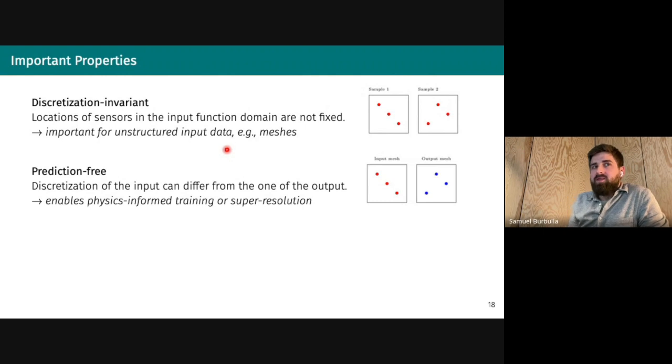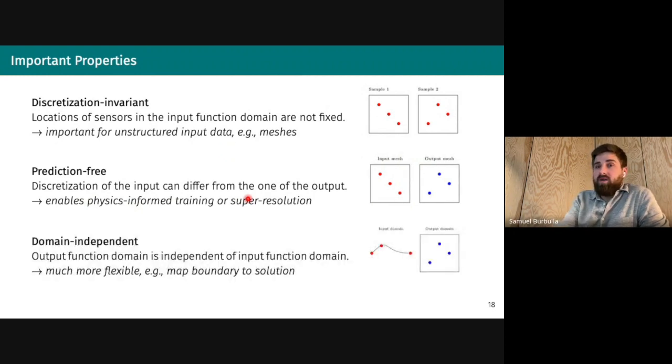That means that the discretization of the input can differ from the discretization of the output. So we want to input a function, evaluated at some points, but we would like to evaluate the mapped function at some arbitrary other positions, like here.